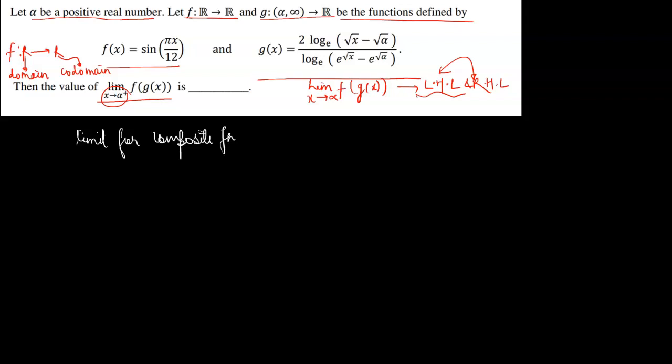The limit for a composite function says that if the limit as x tends to alpha of g(x) gives us b, then the limit as x tends to alpha of f(g(x)) will give us f(b).